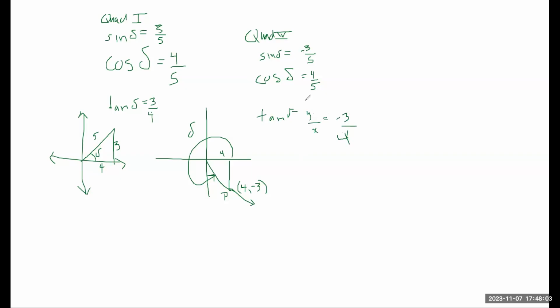And again, your reciprocal functions: your cosecant for delta would be -5/3, the reciprocal. Your secant of angle delta is 5/4.